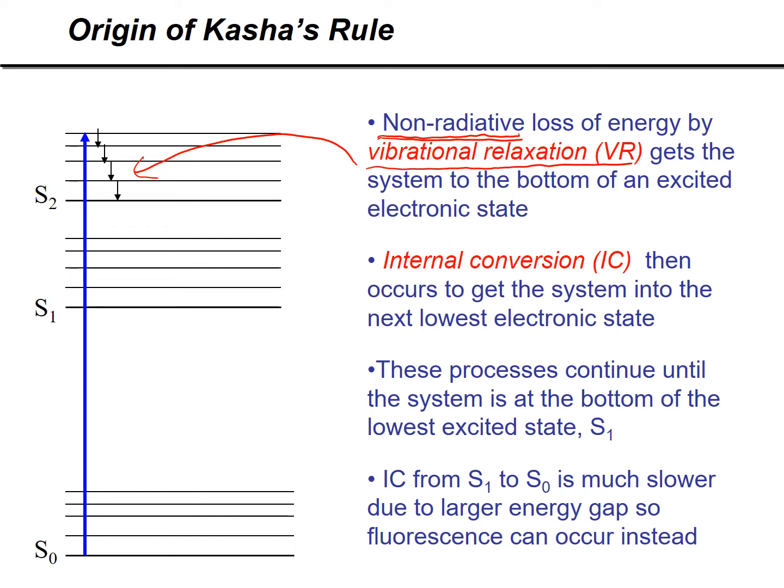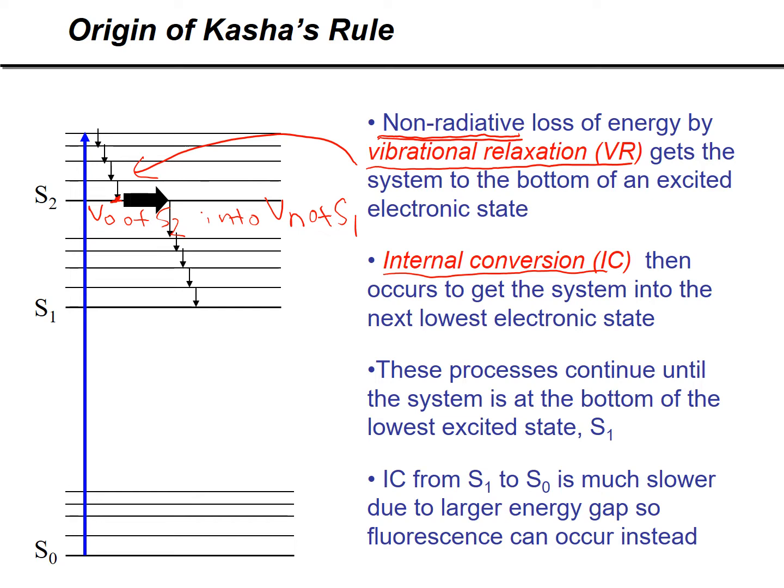So these are much smaller quanta of energy. It relaxes by getting rid of these vibrational quanta, and the system then gets down to the bottom of that electronic state here. So this is the lowest vibrational level of S2. Now, another process can occur called internal conversion, where the system converts from, if you like, V0 of S2 into some higher Vn of S1.